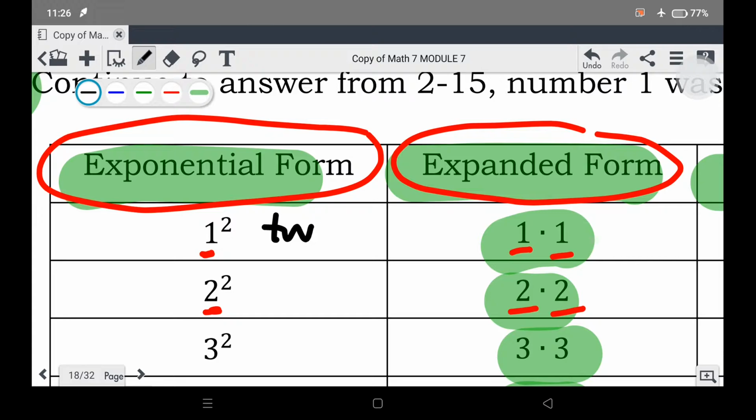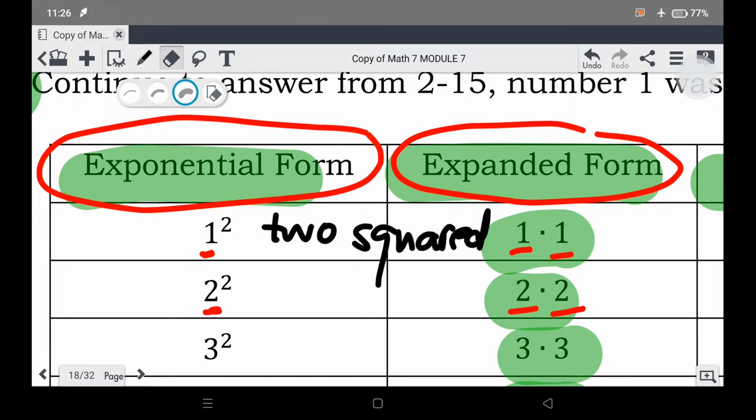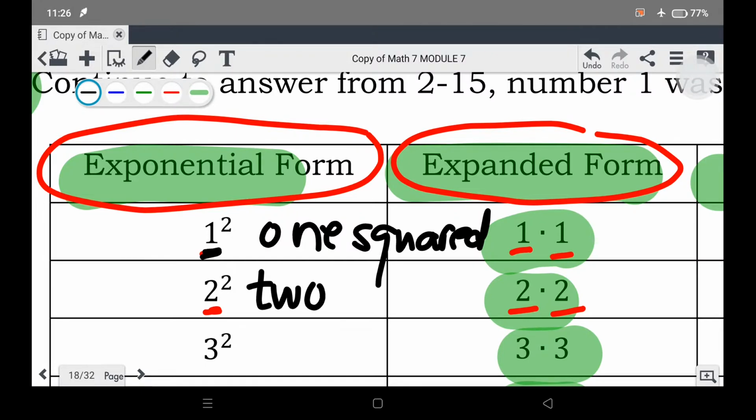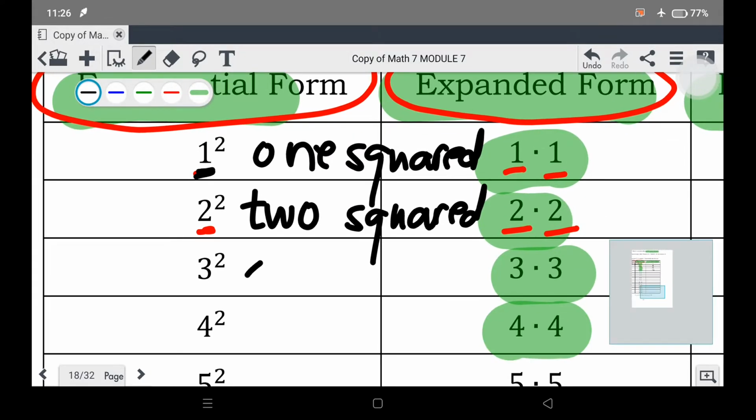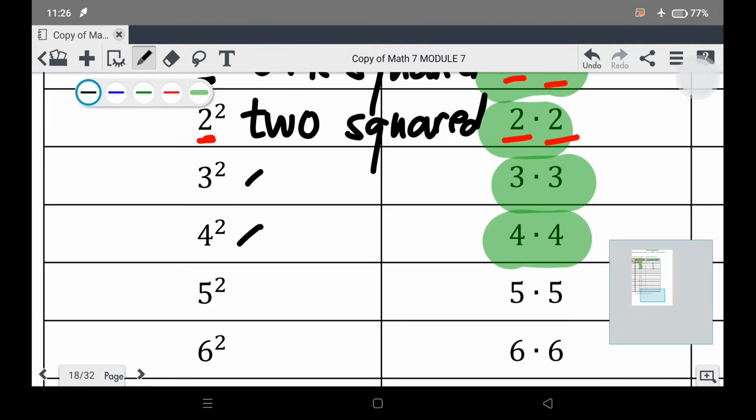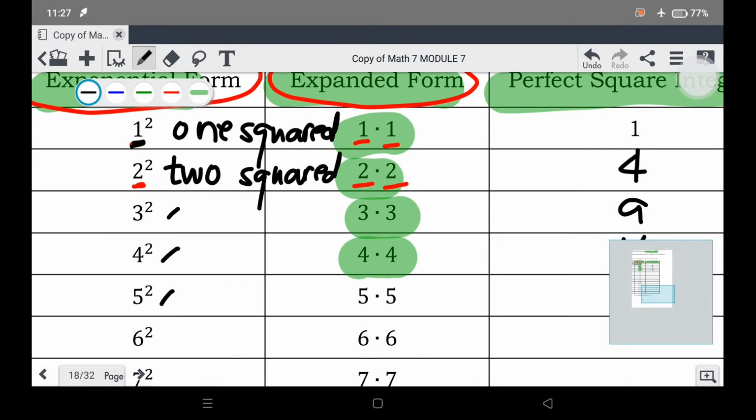I'm sorry, this is read as 1 squared, because we have the number 1, then this 2 is read as squared. The same here, you can read this one as 2 squared. So on and so forth, you have 3 squared, 4 squared, and 5 squared.